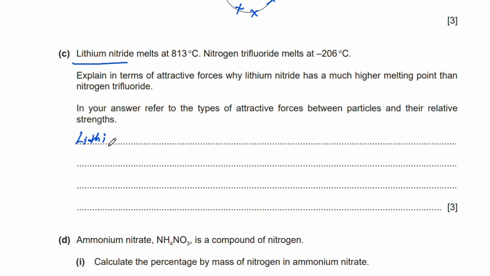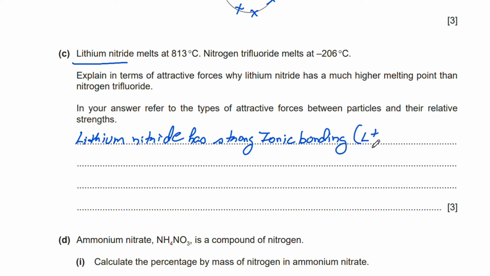is made up of ions. So what you will write is lithium nitride has strong ionic bonding. The force of attraction in ionic bonding is basically the force between the ions.